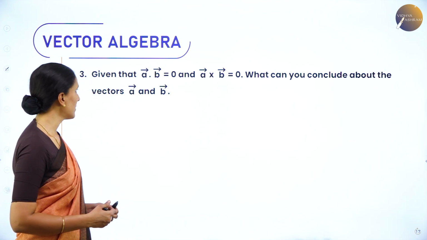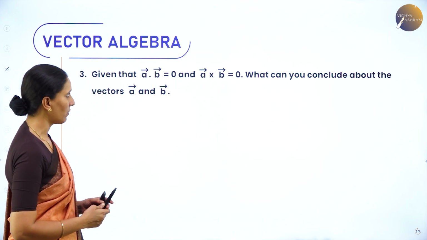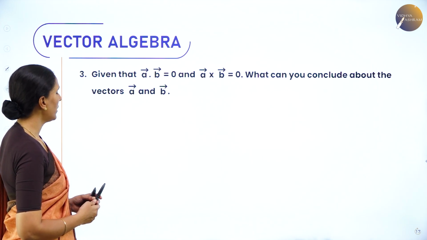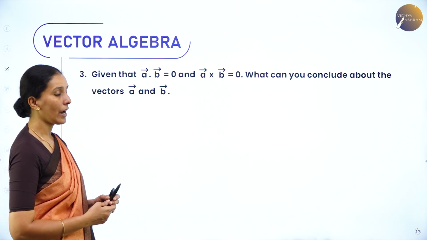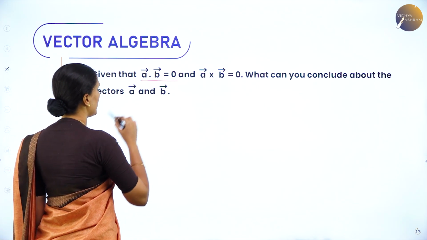The next question is, given that A dot B is equal to 0 and A cross B is equal to 0, what can you conclude about vector A and vector B? Clearly they have given A dot B is equal to 0.